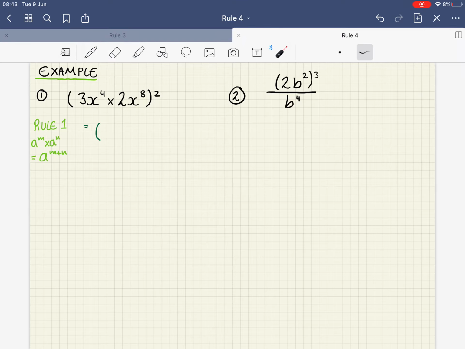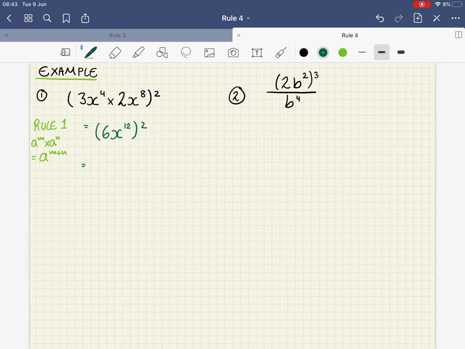So firstly, looking at my numbers, I've got 3 times 2, which is 6. Then I've got x to the power of 4 times x to the power of 8. So adding those powers together, I've got 4 and 8, which is going to be 12.